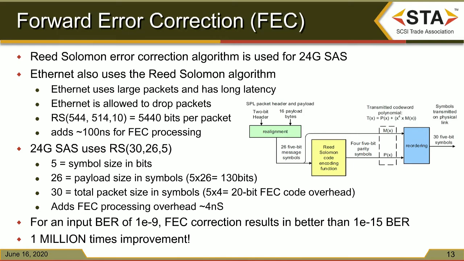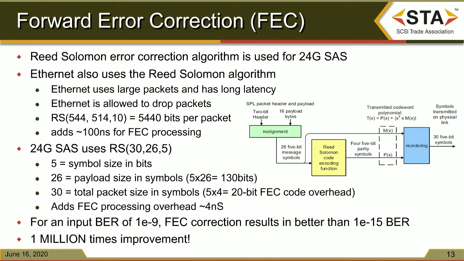So the size of their packets is 544 symbols, and each symbol contains 10 bits. So that's 5,440 bits per packet. And in order to decode or correct, you have to receive the entire 5,440 bits, and then an arithmetic process is carried out on those bits to work out if there are any bit errors, where they were, and to correct them.